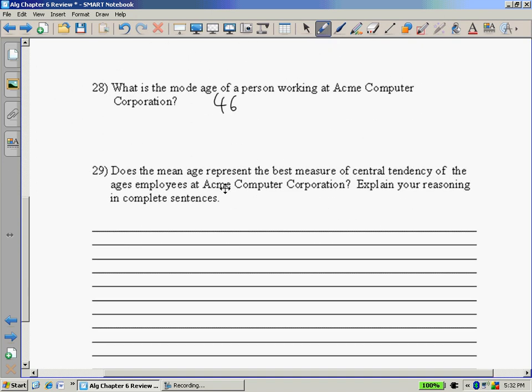So what we're going to say is, does it represent the best measure of central tendency? No. The outliers have skewed the data. The median would be a better measure of central tendency.